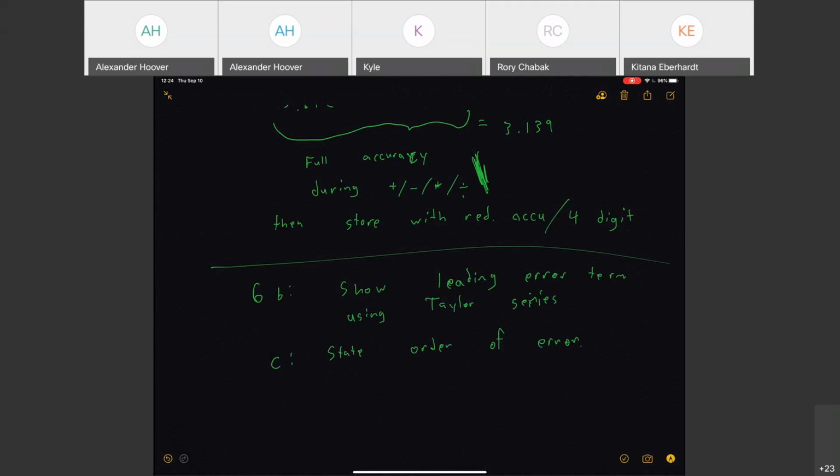So it's just a check to make sure that everything's okay with understanding how we use order of error. Okay? Any other questions?